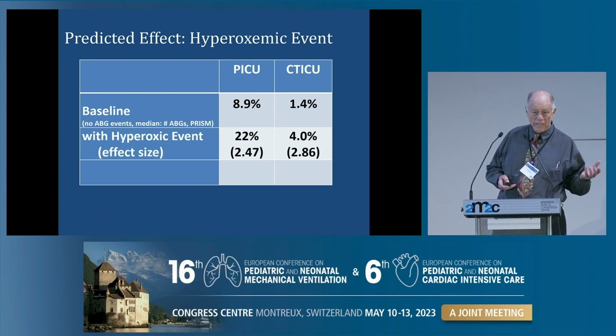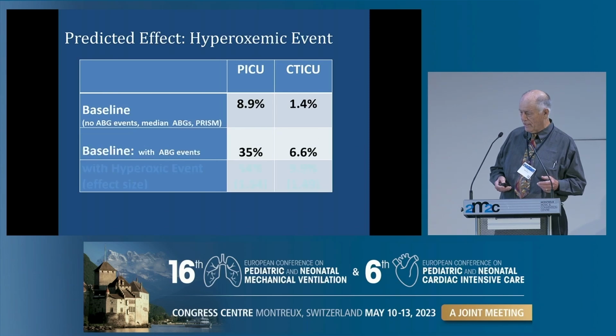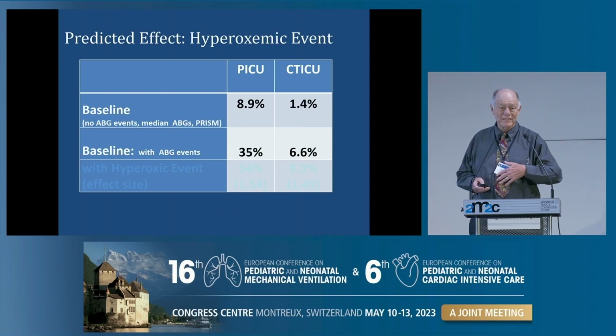Then the other question is, how do the other variables interact with this? So the next slide is the baseline now, where we have all the blood gas variables added in, and you can see if you had a low oxygen and a high and low pH, the effect is even larger.